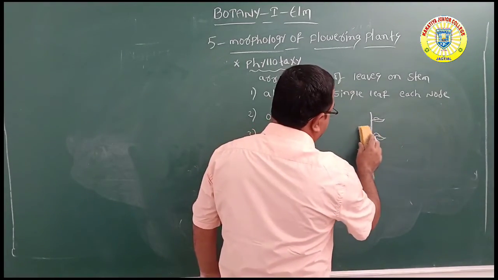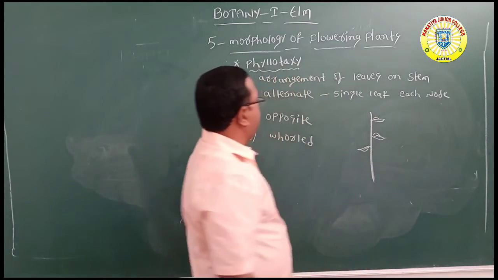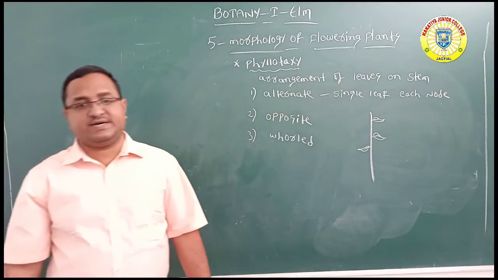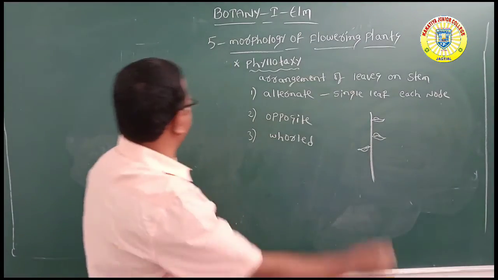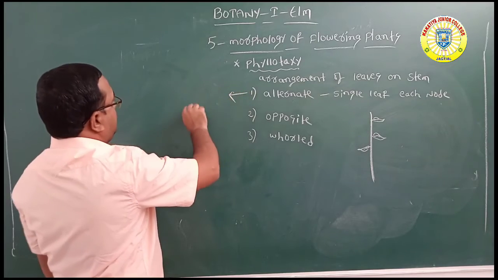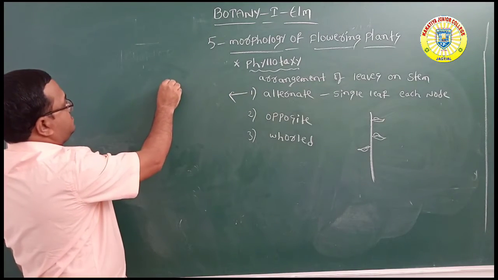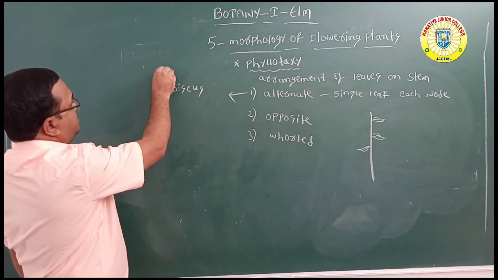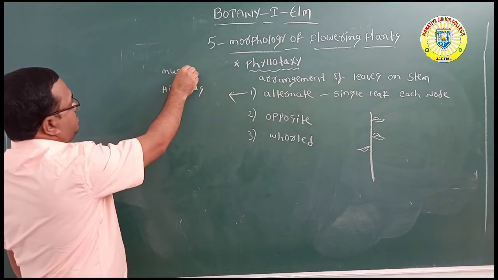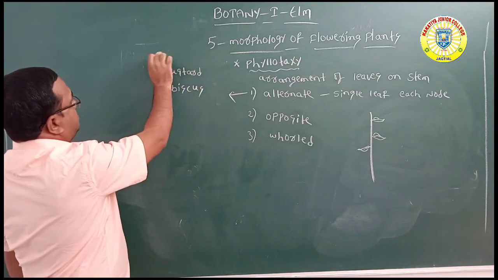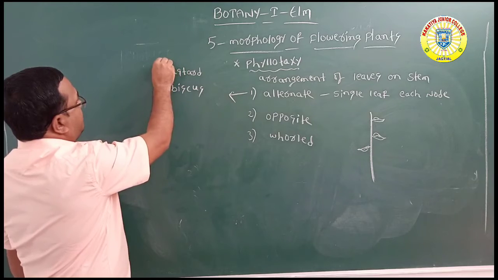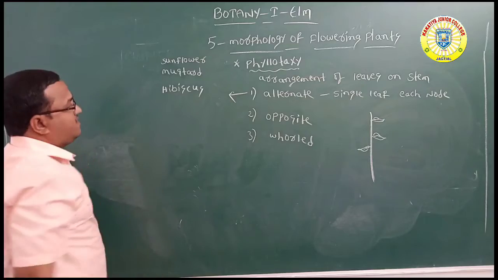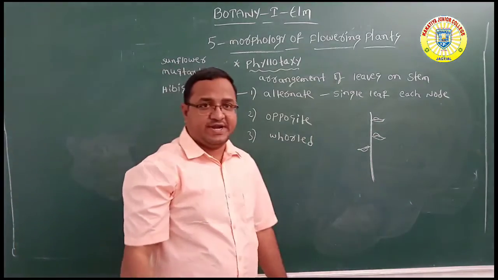Best examples of alternate phyllotaxy: hibiscus, mustard, sunflower.